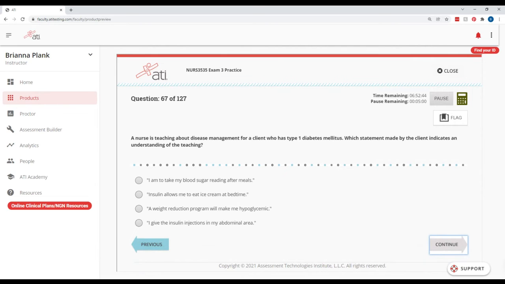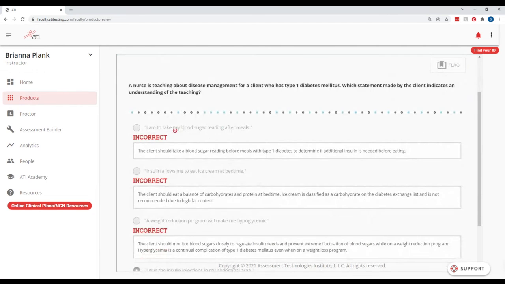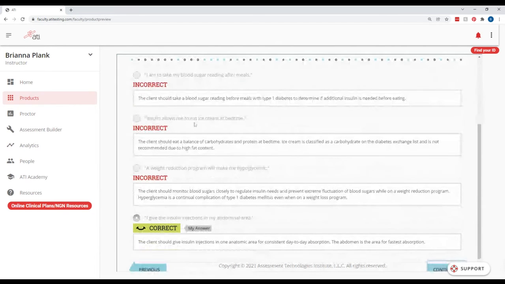We have type 1 diabetes. Which one of the following statements is true about diabetes? Take my blood sugar after meals. Allows me to eat ice cream and vegetables. I'll go with D. Before meals, no, sweetie.